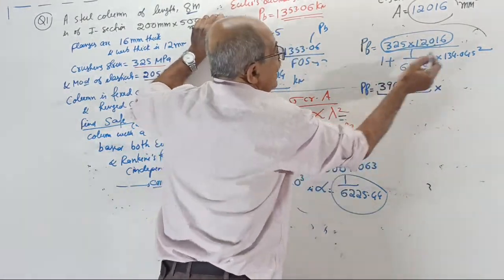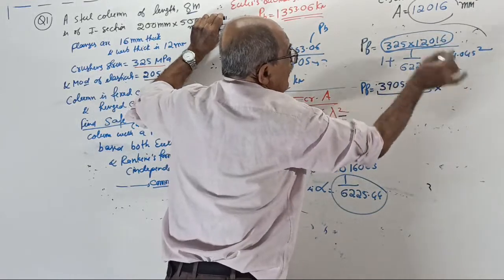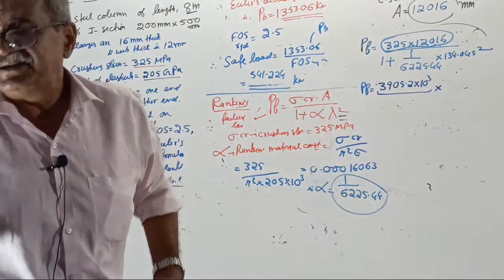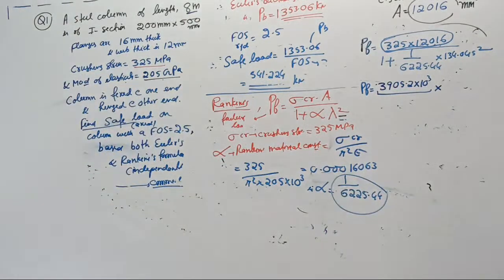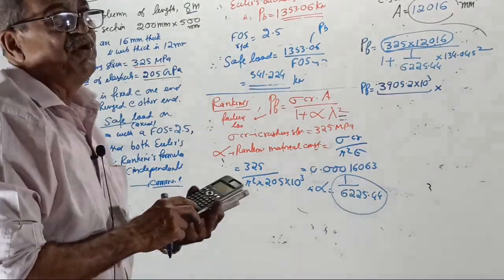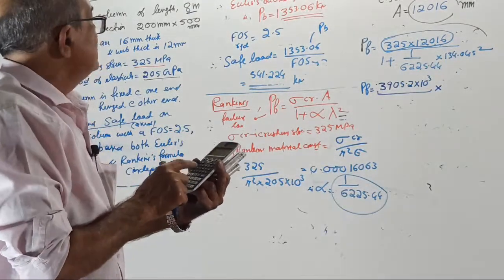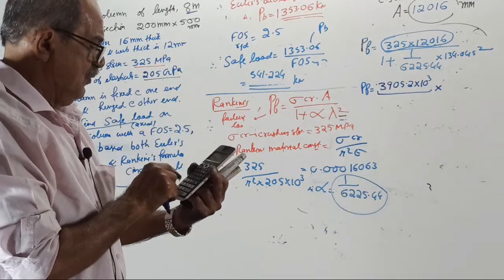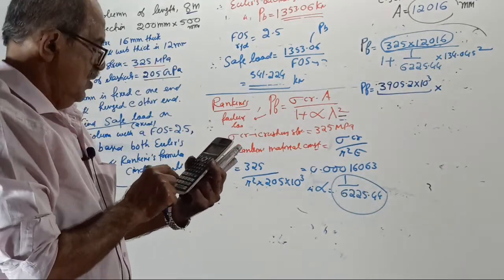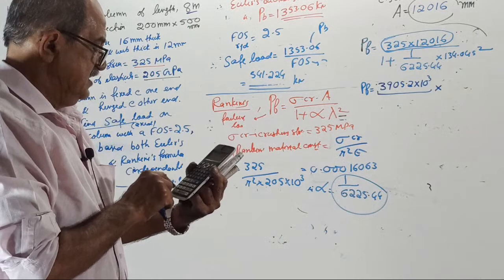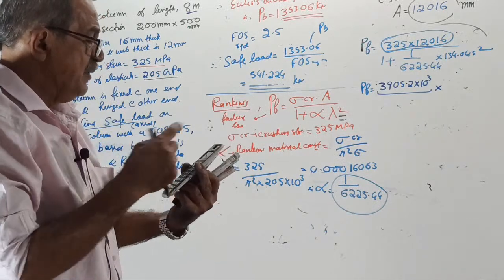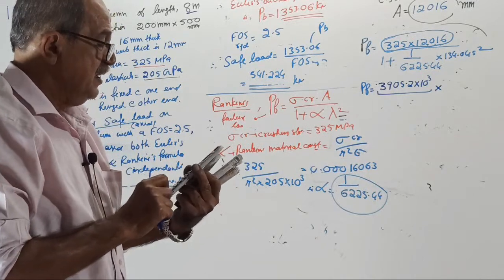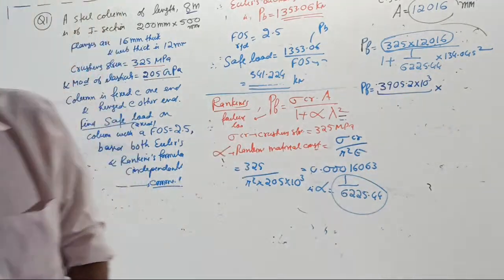Multiplied by, now tell me the reciprocal of this number. Why? To understand the concept. Those who write the examination calculate and move on. 1 plus 1 by 6225.44 into 134.045 square. Whatever you get, take the reciprocal and tell the number. It is 0.2579, correct?